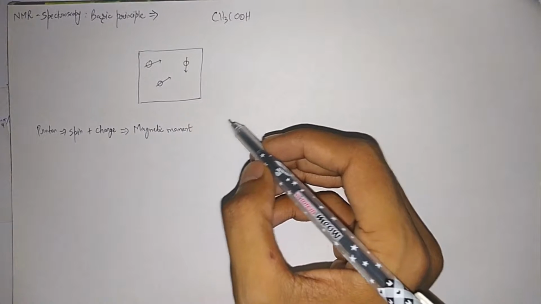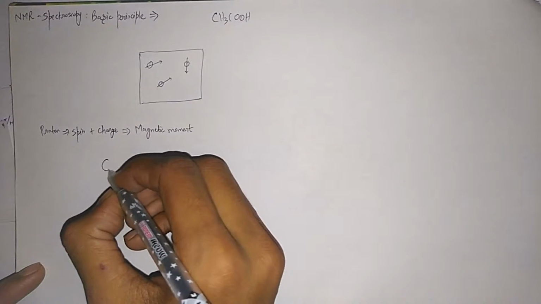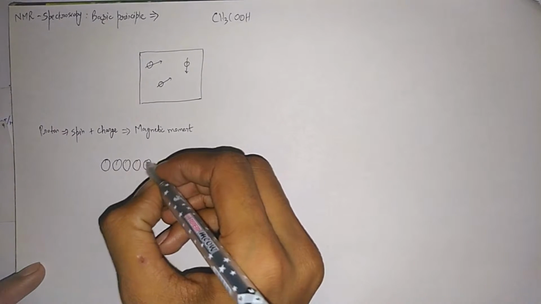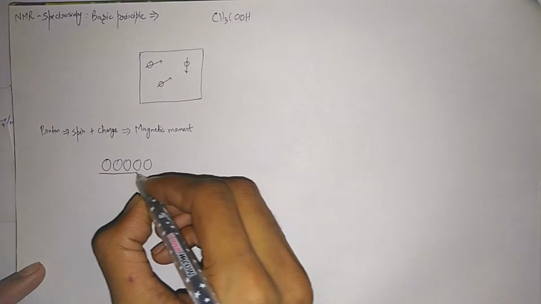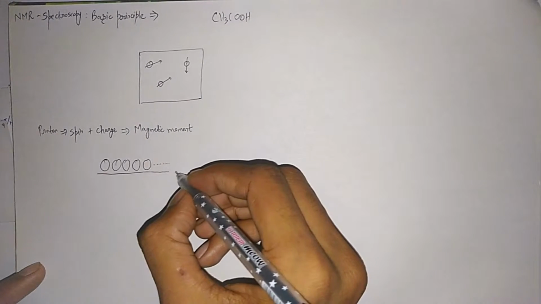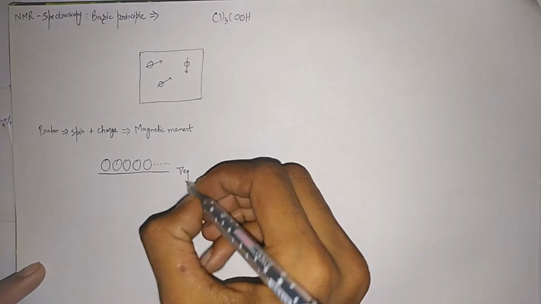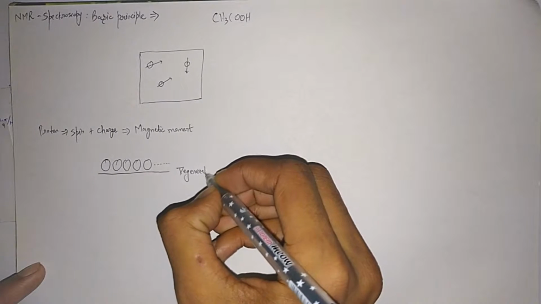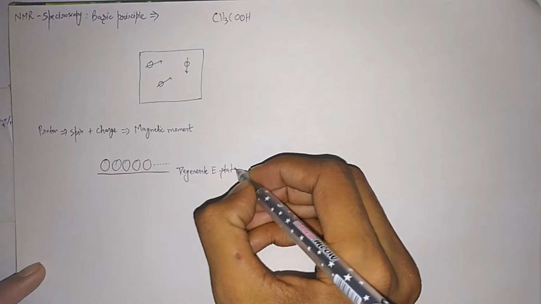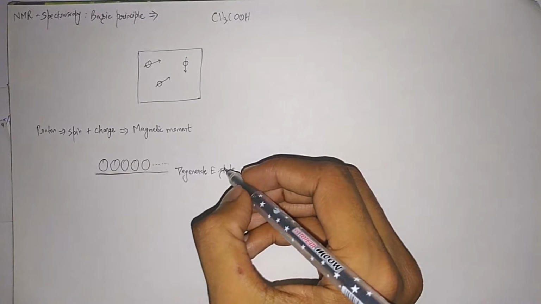Initially all these nuclei belong to the same energy state, and that state is called the degenerate energy state.